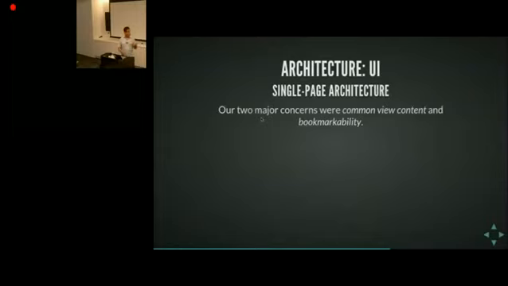And the second concern was bookmarkability. In DFA6, you could not really bookmark a page. In fact, it was even worse than that. You couldn't even open two tabs to the same data without screwing it up. So in DFA7, we were very much concerned with how do we make it deep linkable, and how do we surface states of the application, and trying to figure out which states should be bookmarkable.